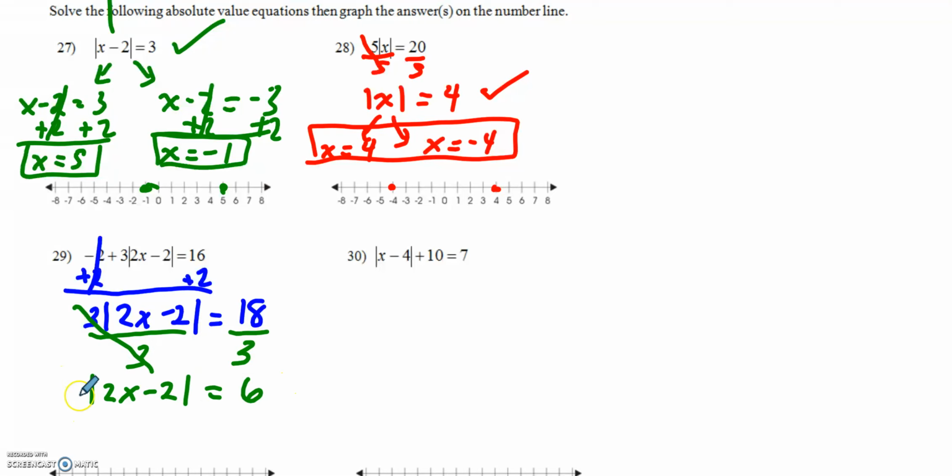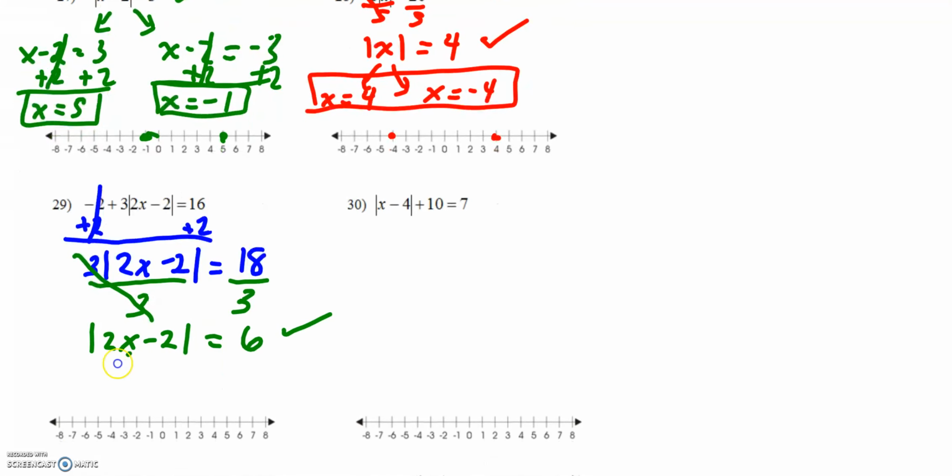Now that the bars are alone, does this say distance is a positive number? Yes, it does. So I again can make two possible equations. Either the inside of the bars can equal positive 6, or the inside of the bars, 2x minus 2, could equal negative 6. And I apologize that I'm running out of room, but for both of these, what I would do first is add 2 on both sides. I'm just going to go over my number line here for the sake of room.